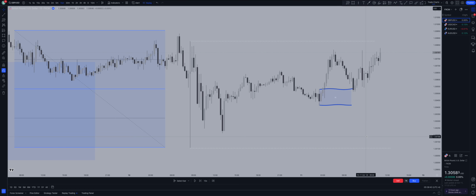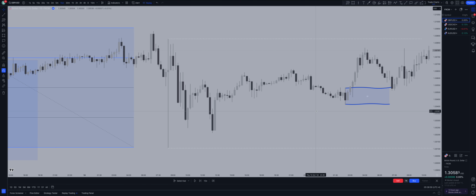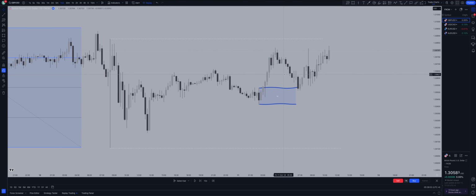Just so you're aware, trades here wouldn't be valid because with the way this candle is, it's actually bearish. Order flow is technically bearish right here. So since it is bearish, we would be looking to take buys into this 15-minute supply, which would be considered counter order flow, but we'll take a look at it anyways.